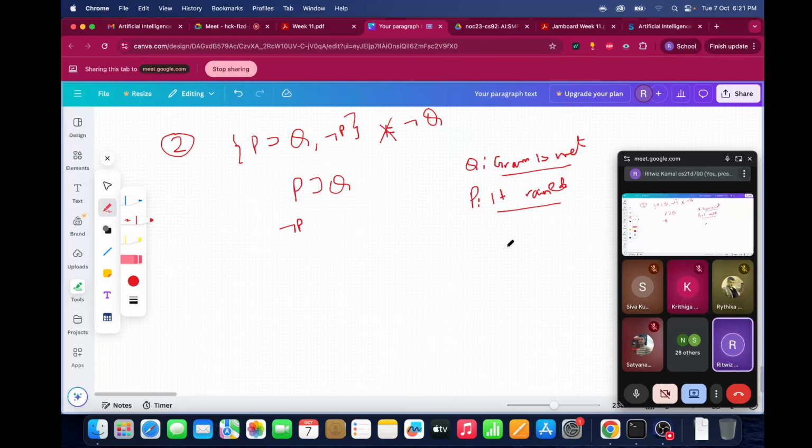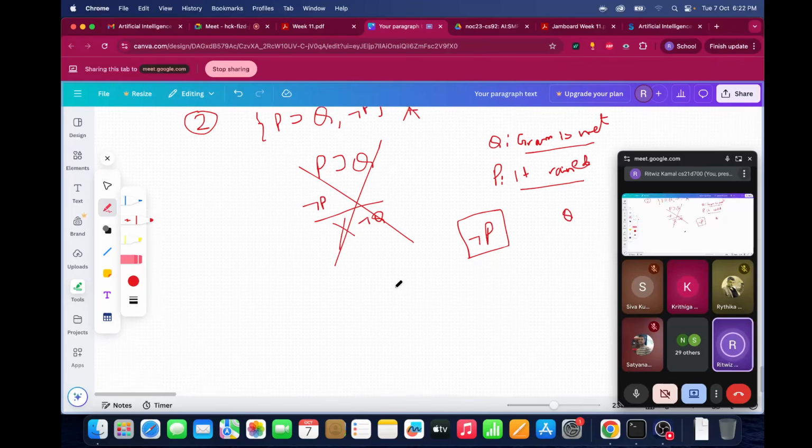But if we are told that it did not rain, not P, we cannot definitively say that the grass is not wet. We have said that it did not rain, but maybe a kid came and threw a glass of water on the ground, which made the grass wet. So even if P is not true, Q can still be true. So using P implies Q and not P, we cannot say that not Q is true. This does not happen.